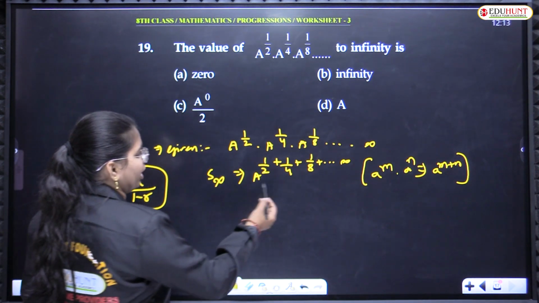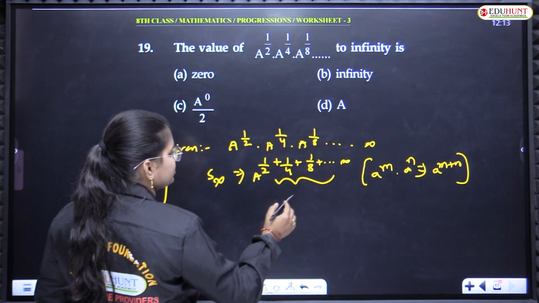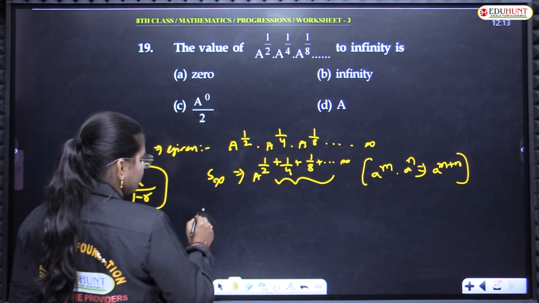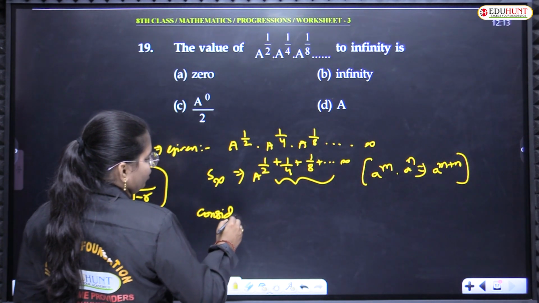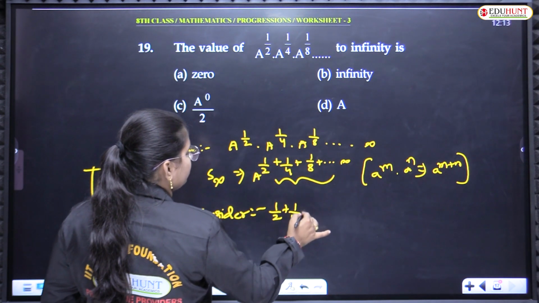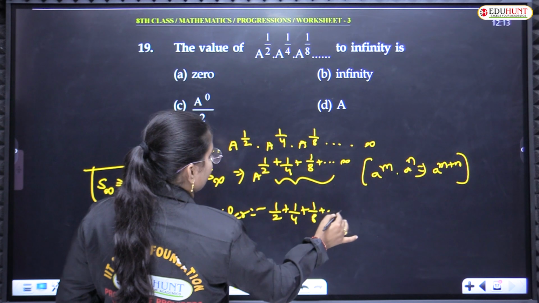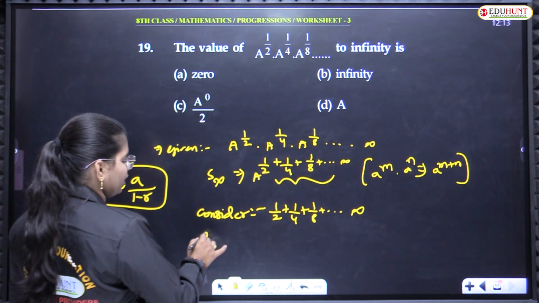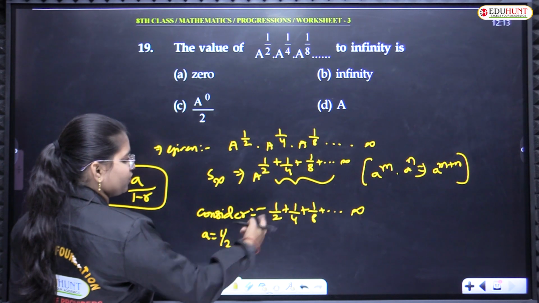If you observe these powers, the powers are in GP. What do you have to consider? 1 by 2 plus 1 by 4 plus 1 by 8, and so on up to infinity. These are the terms in a GP. So what is the value of A here? The first term is 1 by 2.